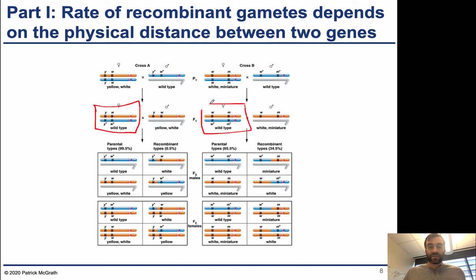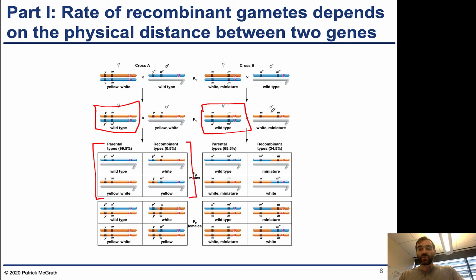And then if we look at the types of gametes that are produced, the parental gametes would be YW, Y plus W plus. And so we can see in this situation, the two parental types are actually very common. So 99.5% of the gametes that are produced are the parentals, and only 0.5% are the recombinants.